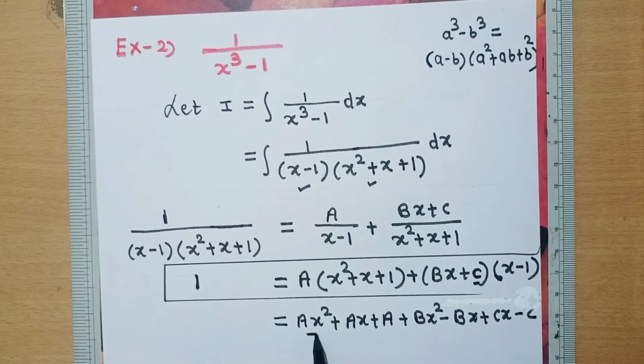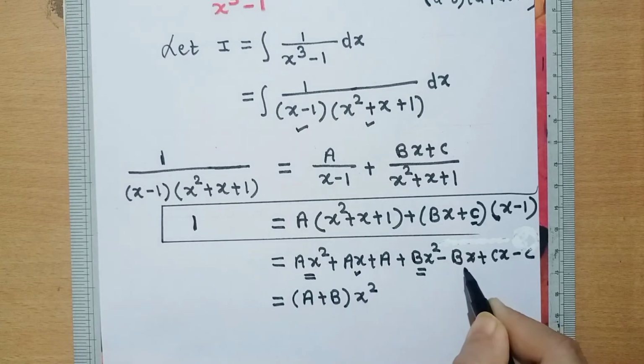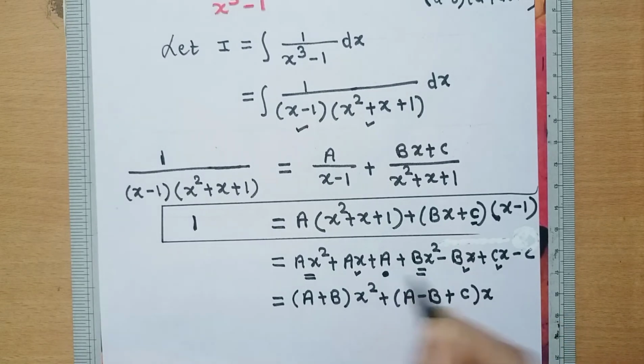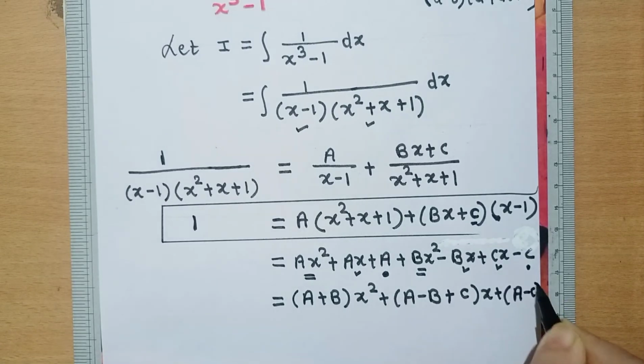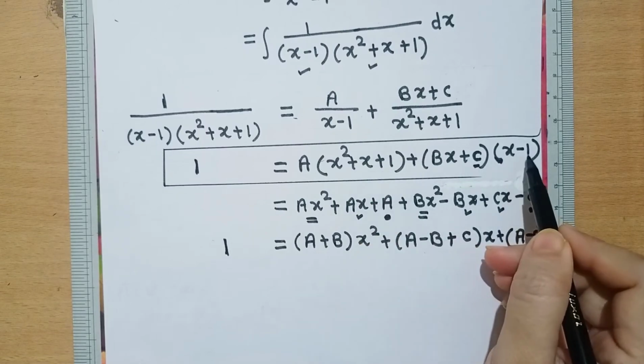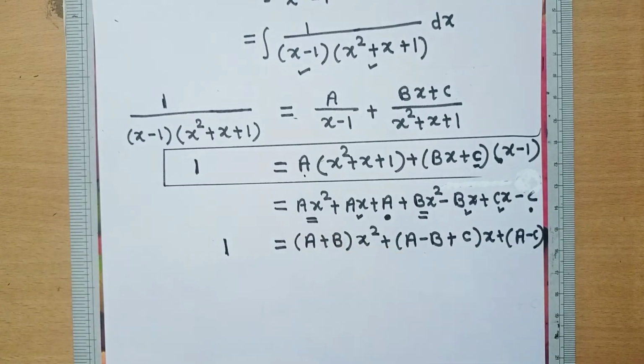Now collect square terms, so we have x square. Now collect x terms, and constant terms, so here a minus c. Now in this equation we will put x minus 1 equal to 0, then we will get the value of a, and therefore x is equal to 1.